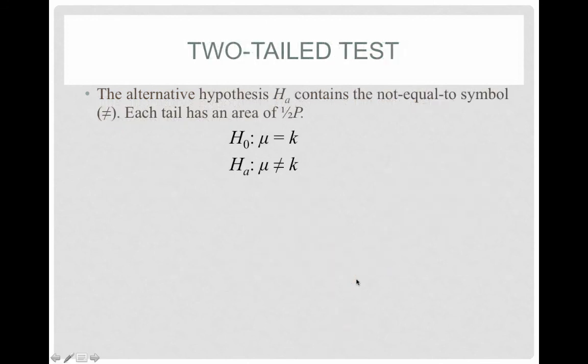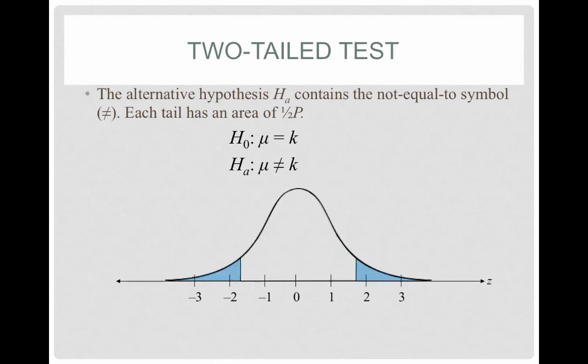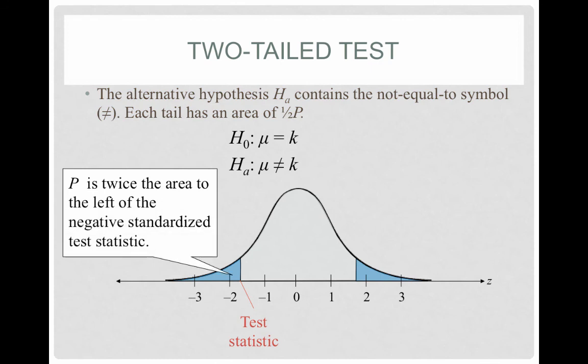All right, last one, a two-tailed test. Well, common sense should tell you what this is going to be, all right? The alternative hypothesis contains the not equal to symbol. Each tail has an area of half of P, okay? So P is twice the area to the left of the negative standardized test statistic. So let me explain what that means.